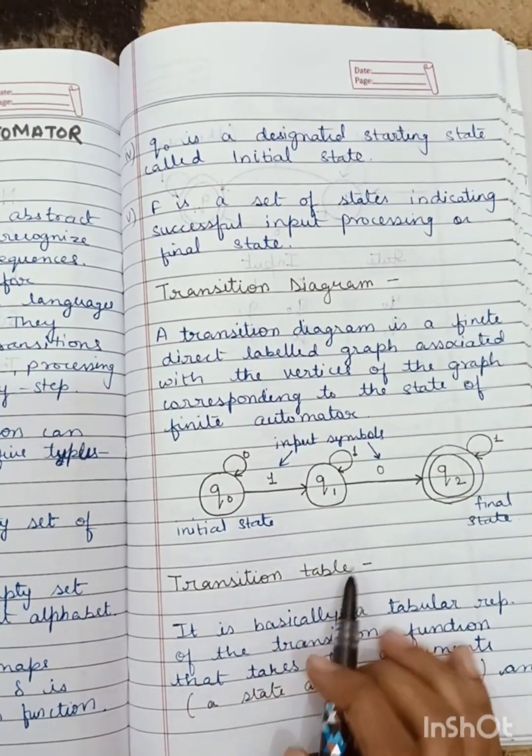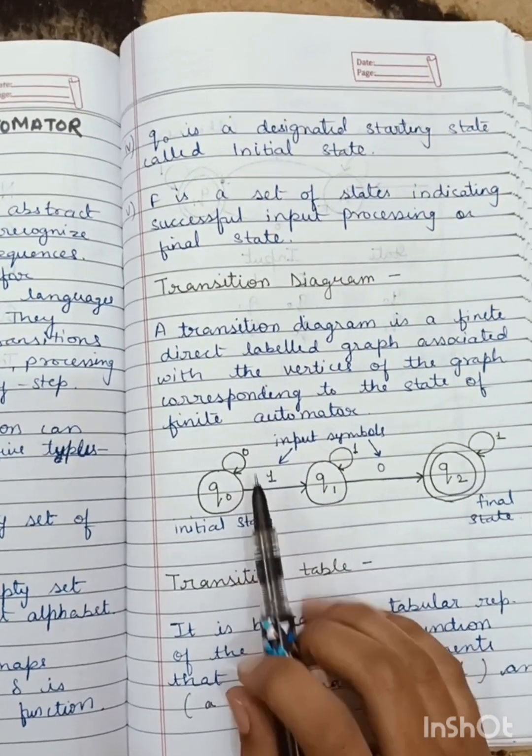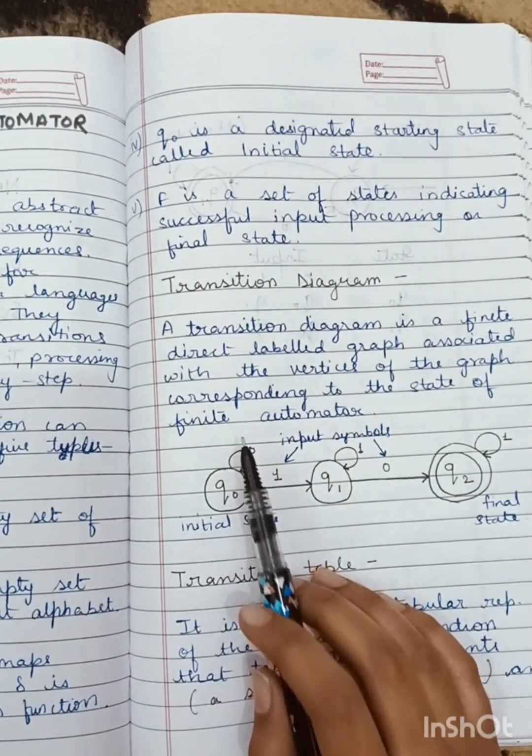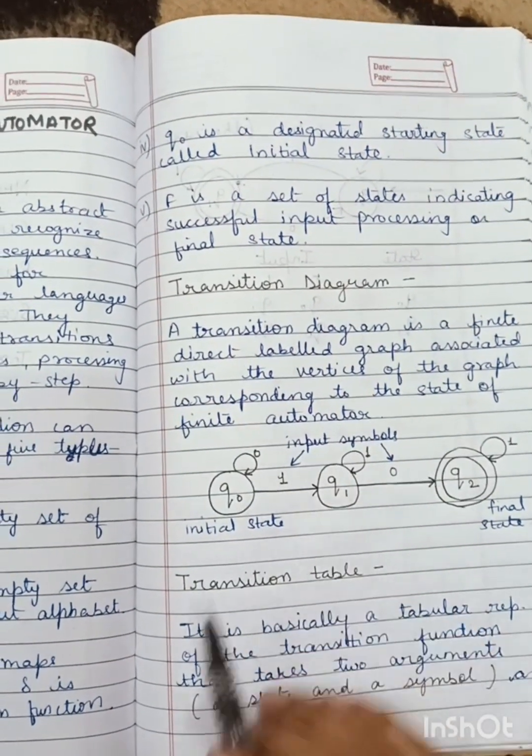Now the transition table. The transition table is made from this diagram itself. When the transition diagram is represented in tabular form, this is called a transition table.